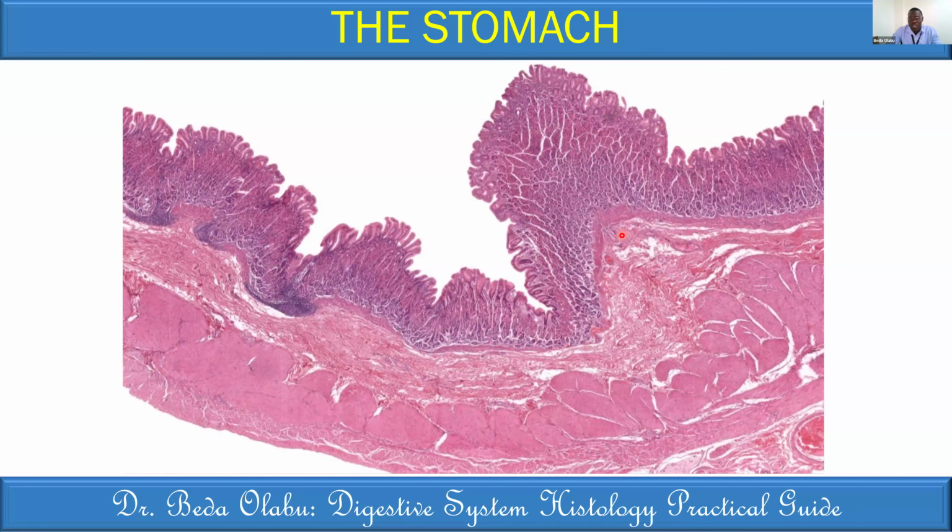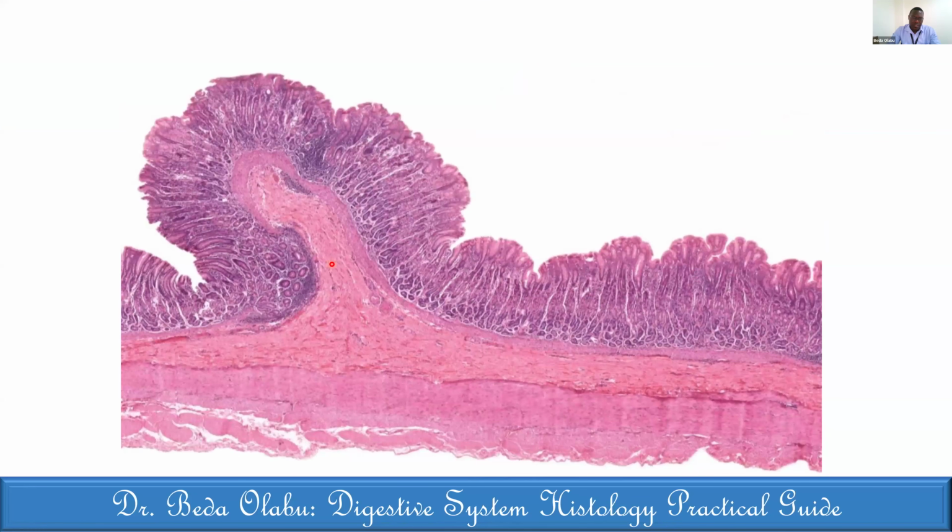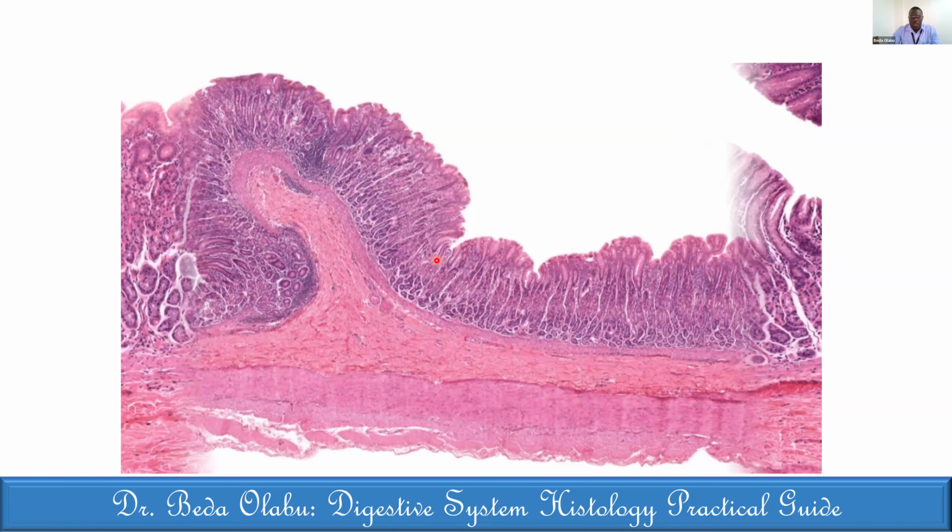You may or may not see them on slides. Still another example of where the submucosa had a very thick fold of rugae, and so you have a large fold on the mucosa of the stomach there. Okay.